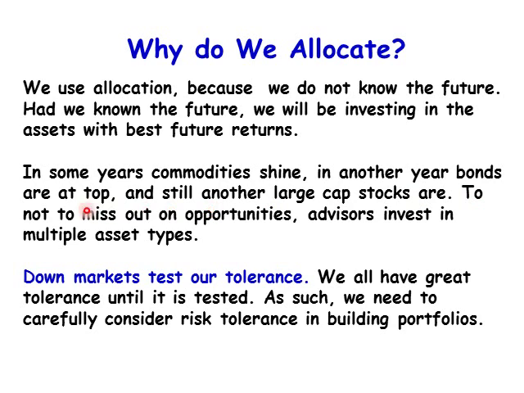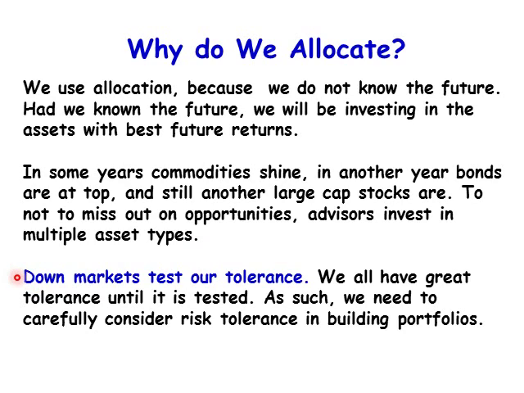To not miss out on opportunities, advisors invest in multiple asset types. This is where allocation in business comes in, because we don't know the future, and various asset classes are on top in various years. There are no patterns to determine when which assets would be shining. So as such, we mix up and use multiple assets.